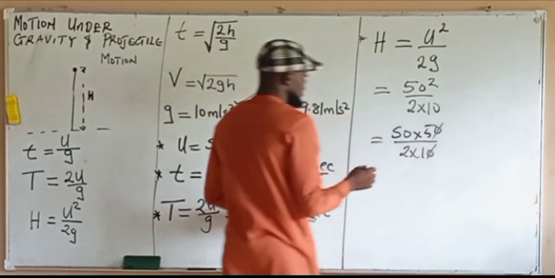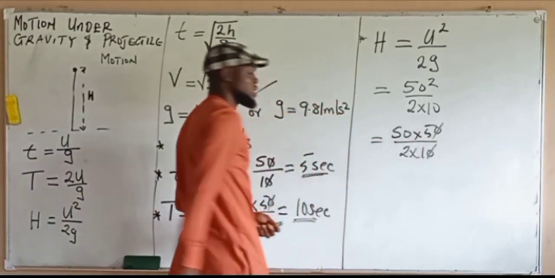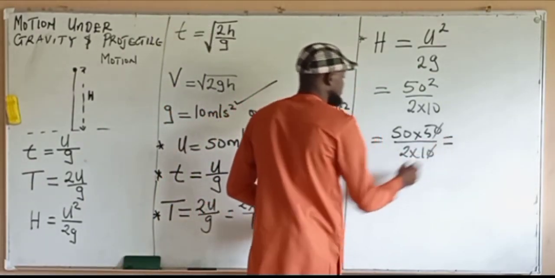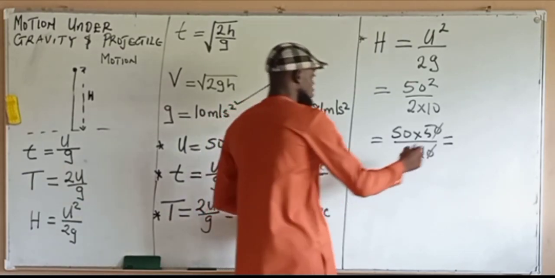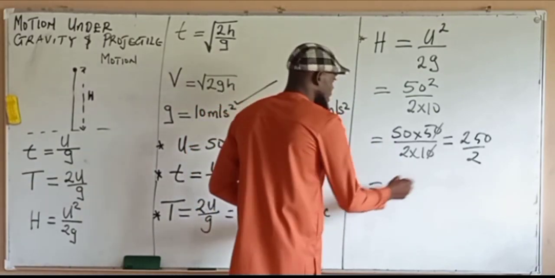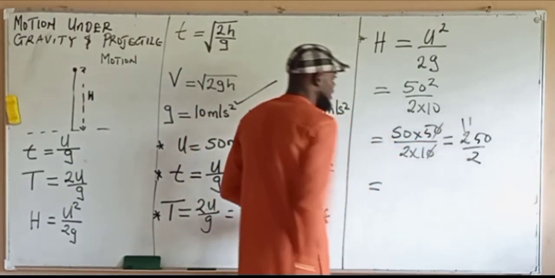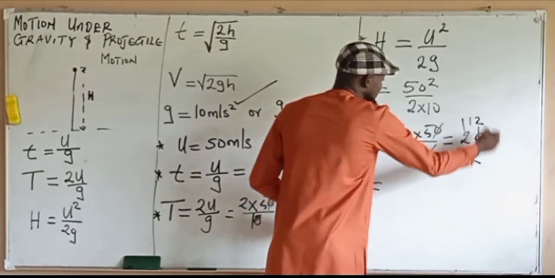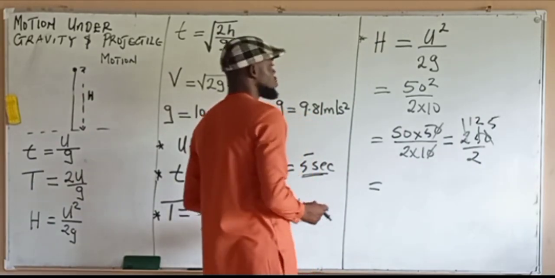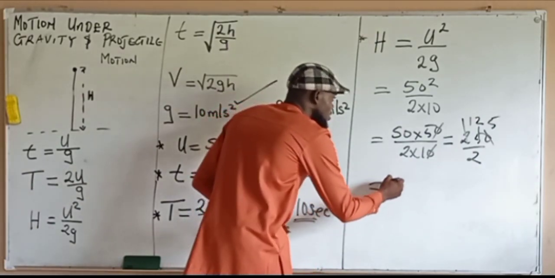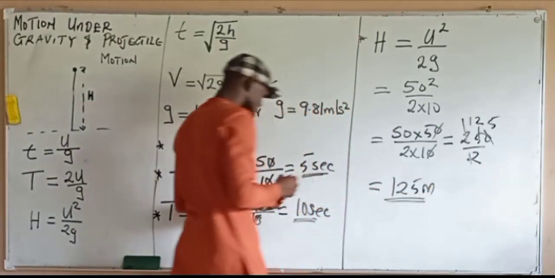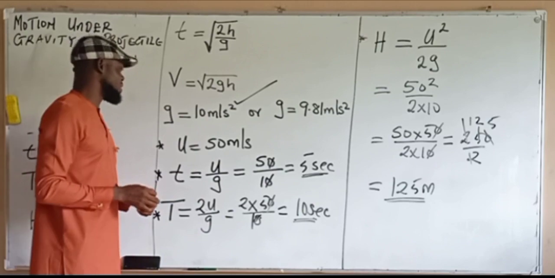Cancel the zeros, 50 times 5 gives 250 over 2, which is 125 meters. This will be the maximum height attained by this body.